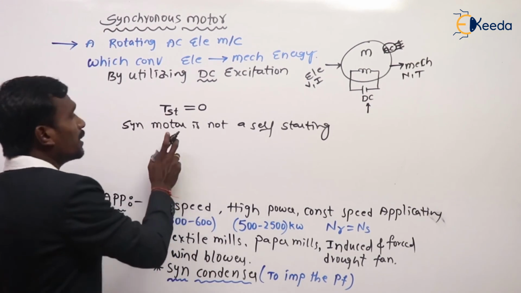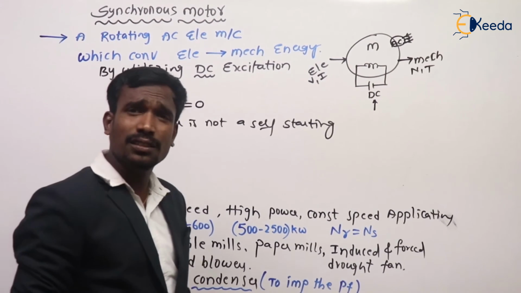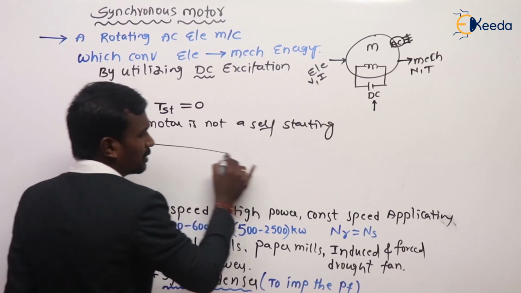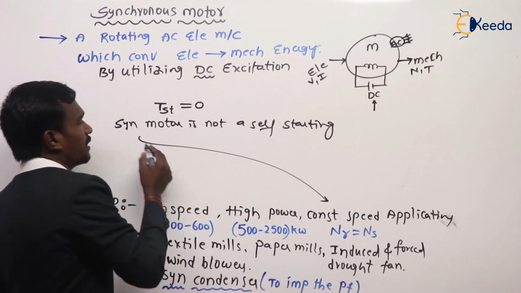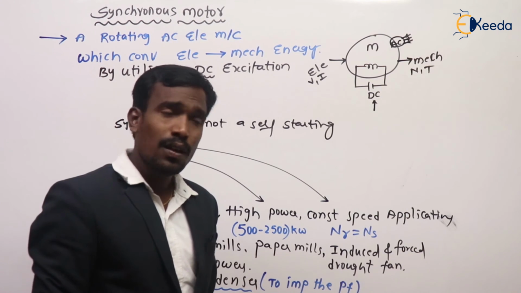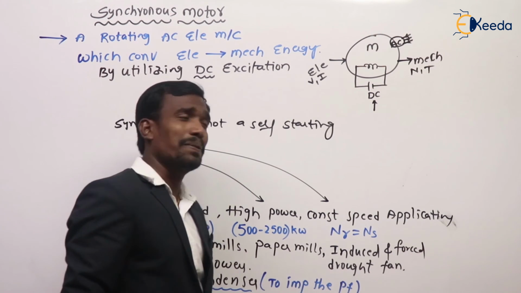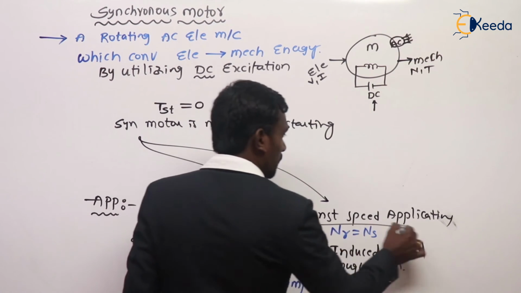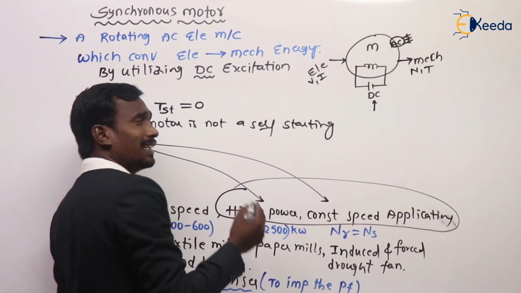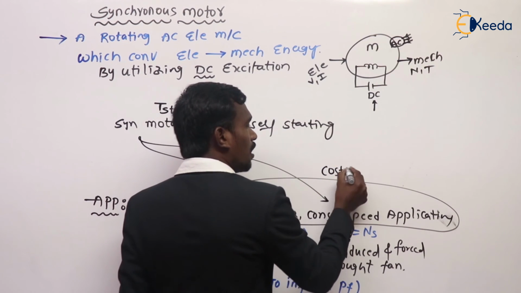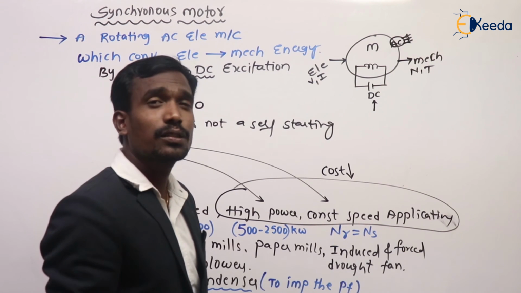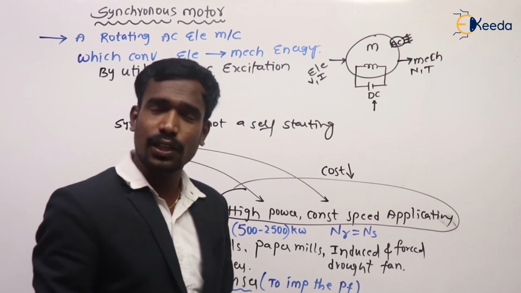Even so, we use synchronous motors instead of induction motors in some cases where constant speed and high power are required. For high power and constant speed applications, synchronous motors are preferable to induction motors because the cost is less for these applications.